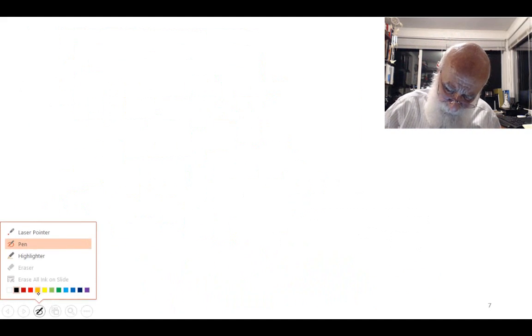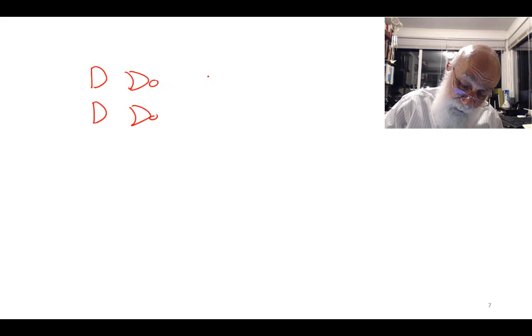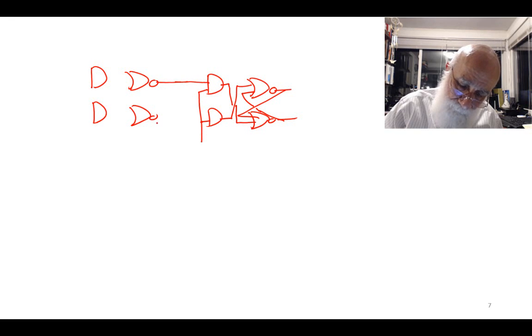And one is, let's look at this structure that we have been playing with, or the new structure that we have come up with. Remember I said that the two outputs are always complementary.